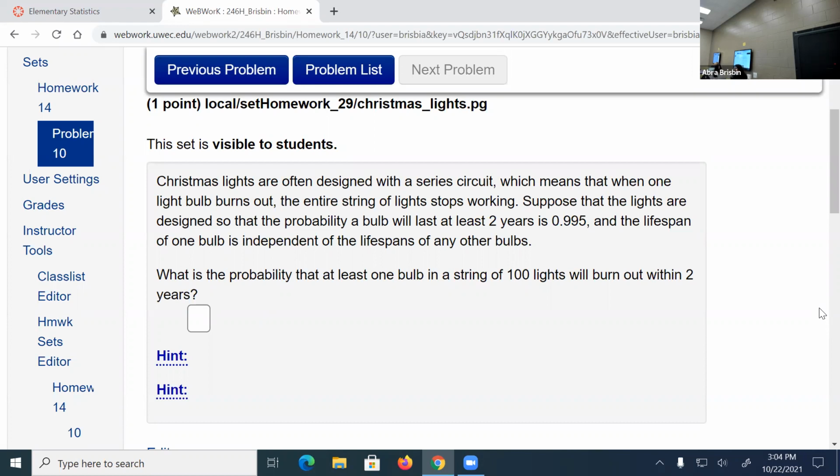So we can say this is 1 minus some probability. And if we draw a number line, the number of bulbs that burn out could be 0, 1, 2, dot, dot, dot, up to 100. The probability we're interested in is the probability that X is greater than or equal to 1. That's our event E.